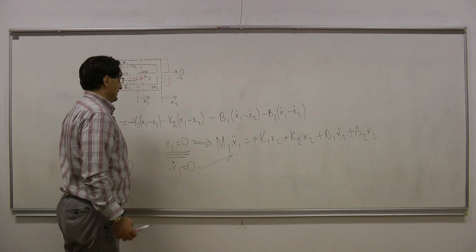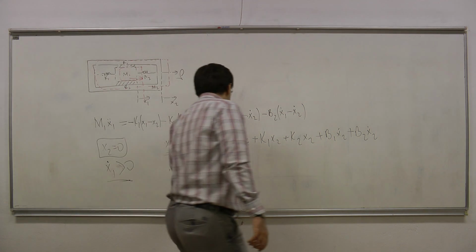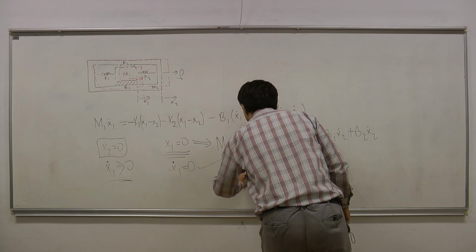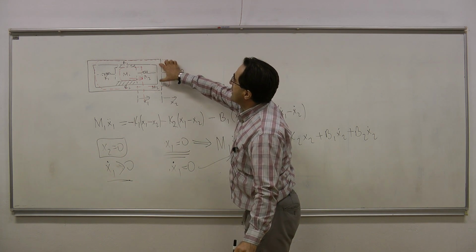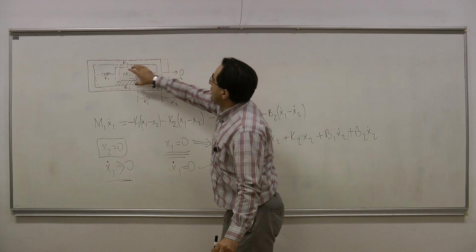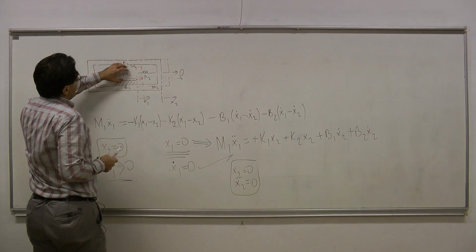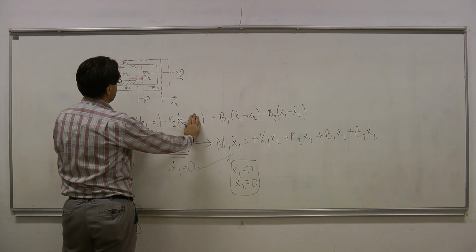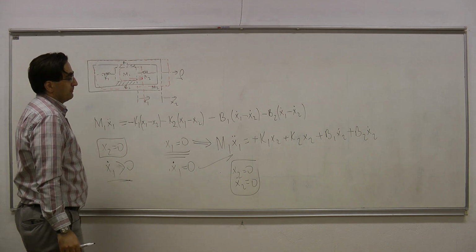Okay? And in the earlier case, if x2 is equal to 0 and x2 dot is equal to 0, in that case, I keep this mass where it is. But I move m1, and if I move m1 to the right, I get just these equations, minus k1 x1, minus k2 x1, etc. Okay?